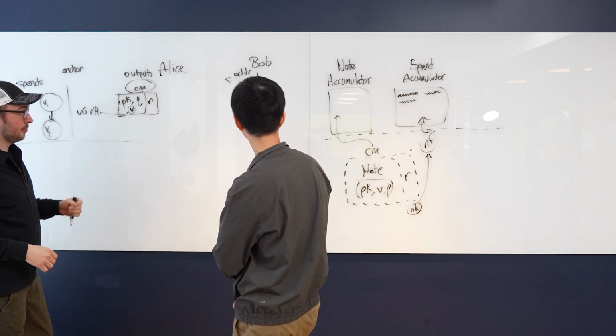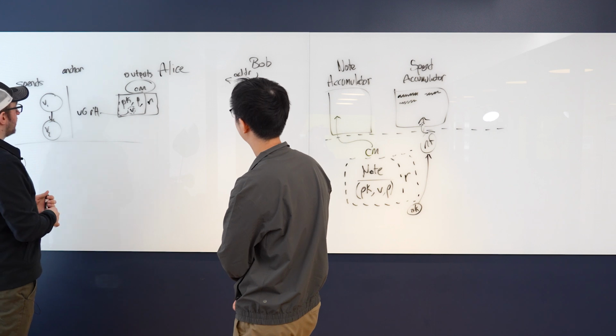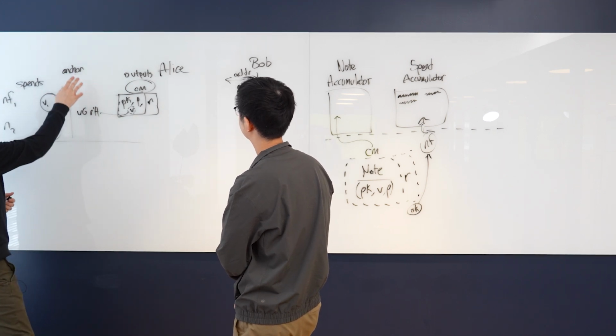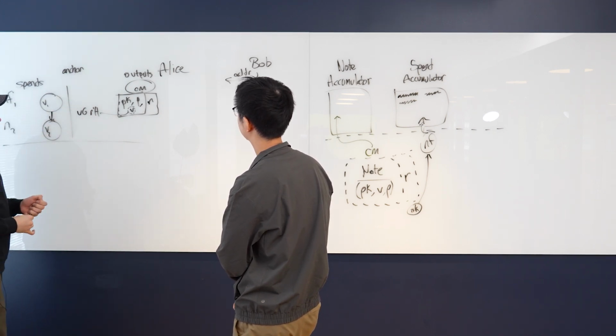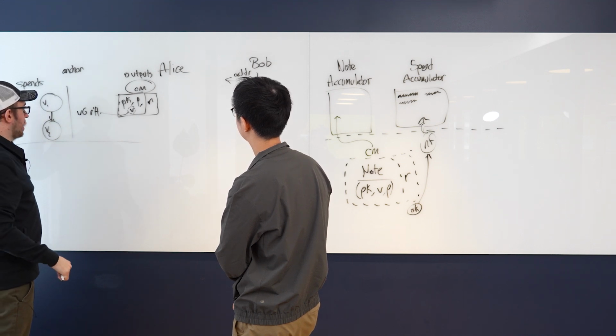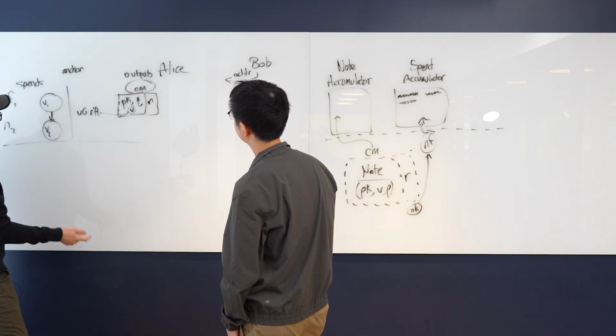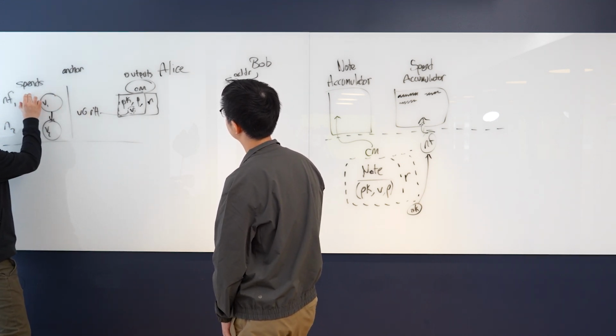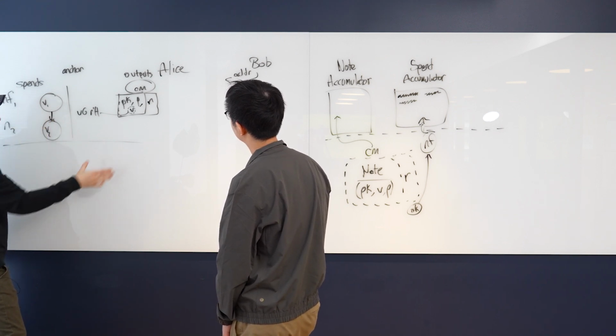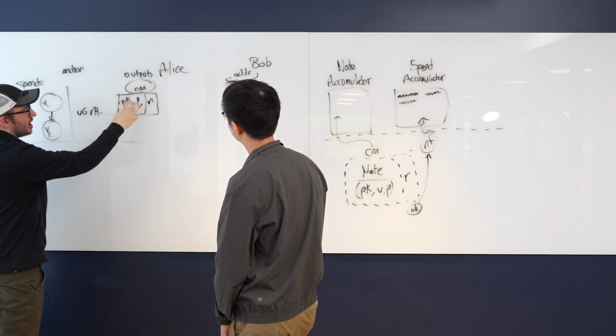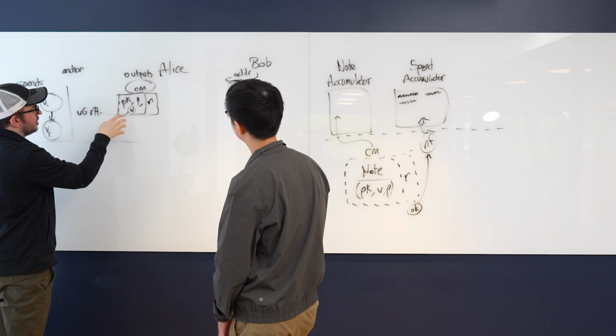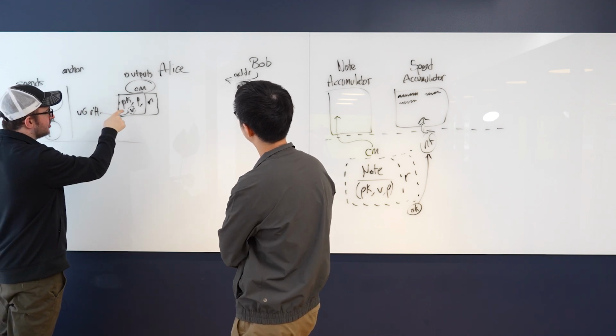We check the current root of the accumulator and add it to a list of valid anchors. And the anchor is the root that all of our spends use as a reference in order to prove authentication paths. So in the zero knowledge proof we're proving we know authentication paths into the tree to commitments that look like this. We know the randomness. We don't necessarily know the secret key, but for our purposes, it's good enough.